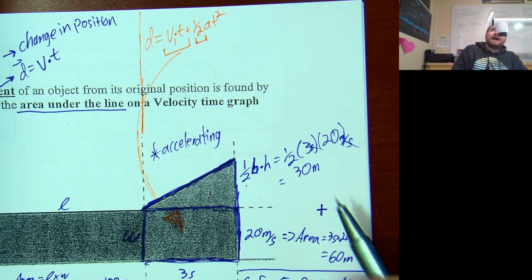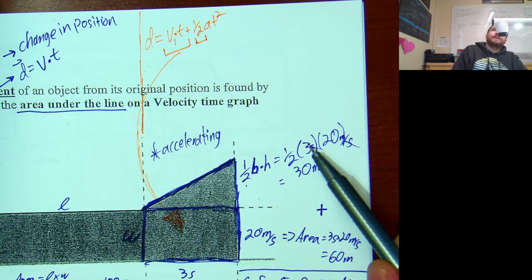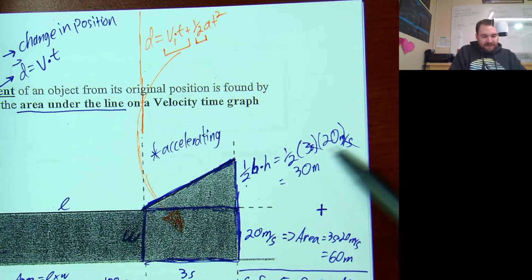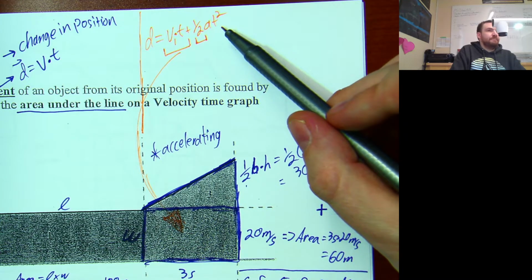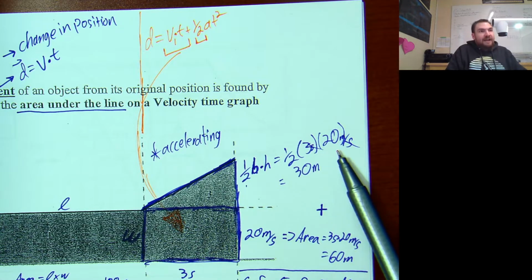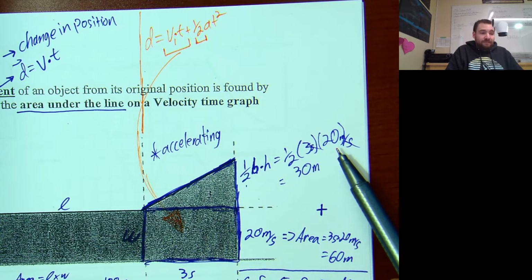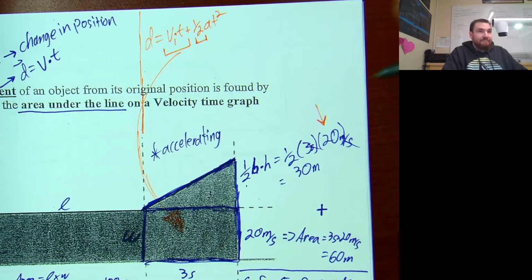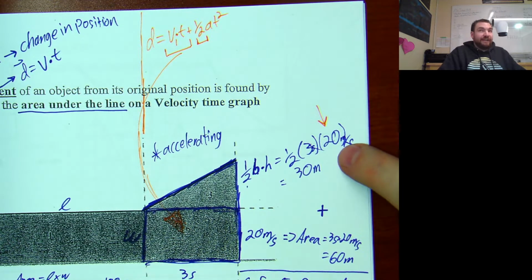But if we look at what I did here, I multiplied my time by our velocity. Well, how does a time times a velocity equal an acceleration times time squared? That's weird. What's going on there? Well, I didn't multiply it by a velocity. I multiplied it by what? This 20 doesn't represent the velocity. It represents what? How did I get 20?